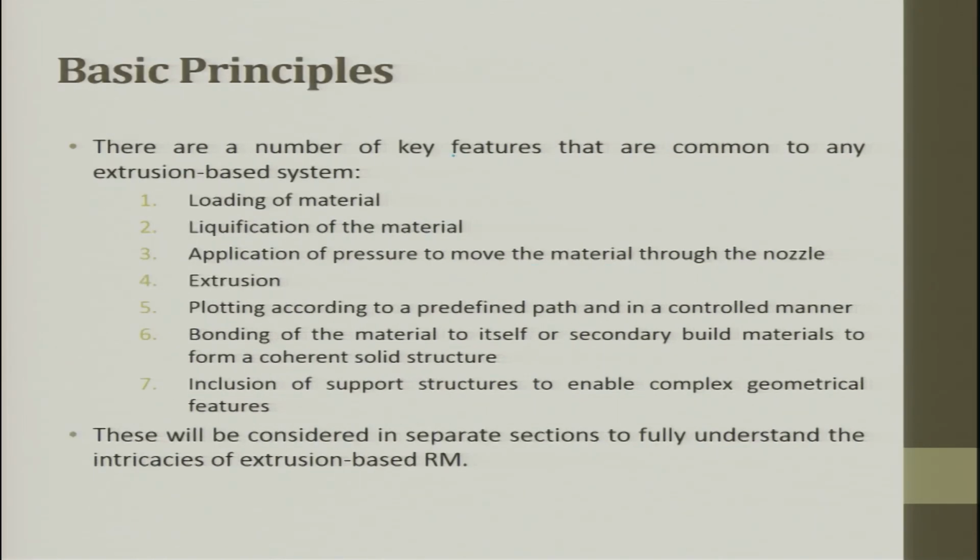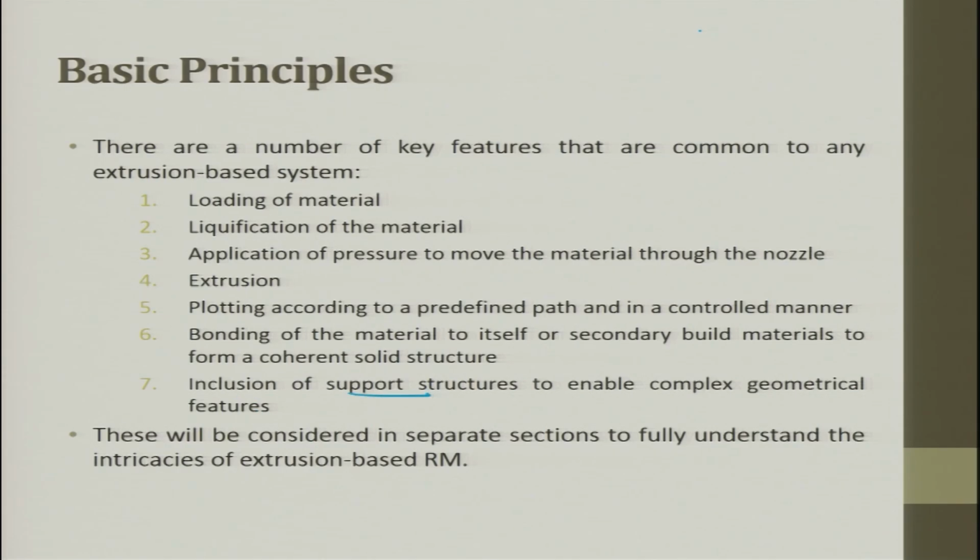So, there are a number of key features that are common to any extrusion based process: loading of material, liquefaction of material, application of pressure, extrusion, plotting according to the predefined path in a controlled manner, bonding of material to itself or a secondary build material to form a coherent solid structure, inclusion of supporting structure to enable complex geometry features.